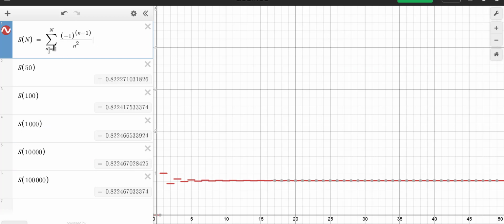I think on my handout I meant for this to be k equals 1. We have that. And remember, we found that at 100 terms, the series has to be accurate within 10 to the negative 4. Let me show you what I did.